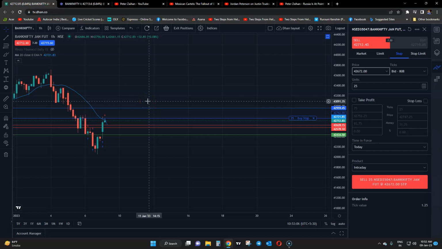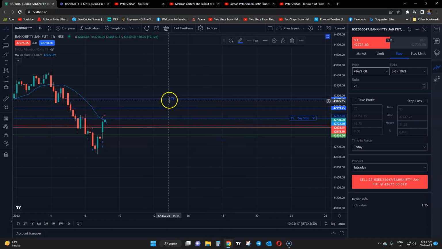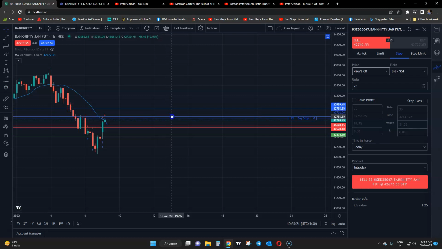But yet, one can argue that this move is good for another few points.